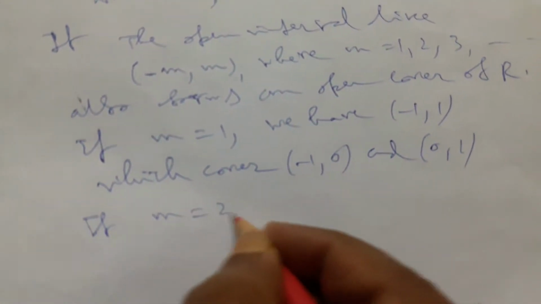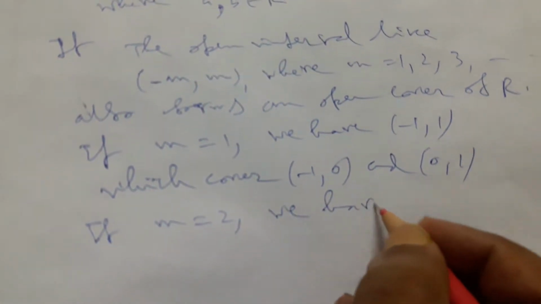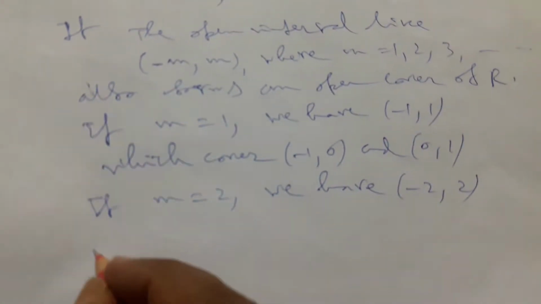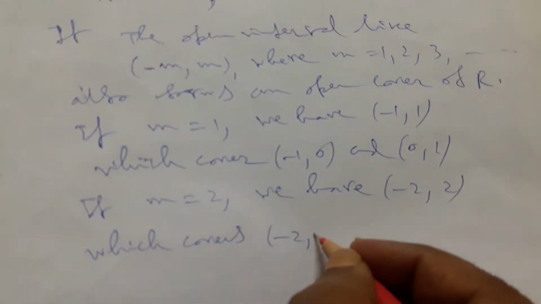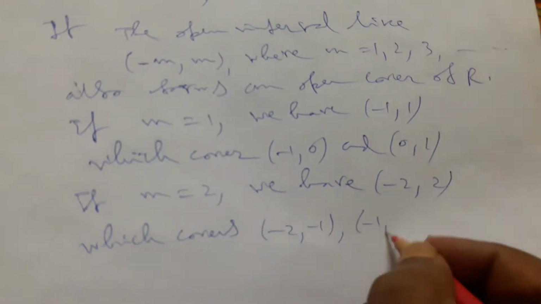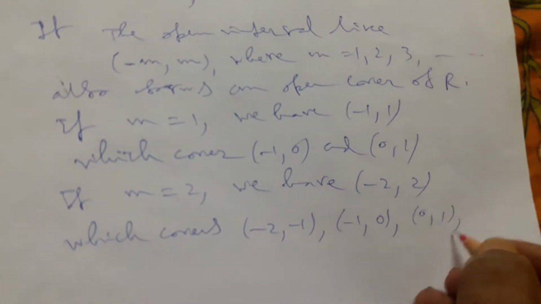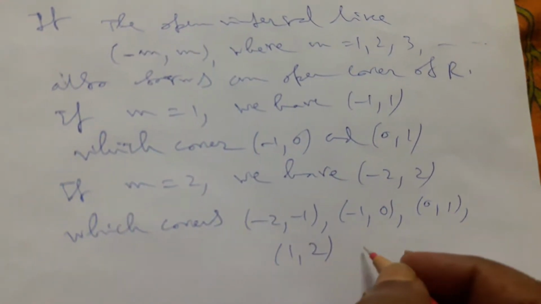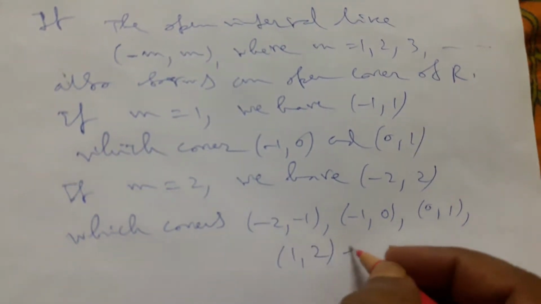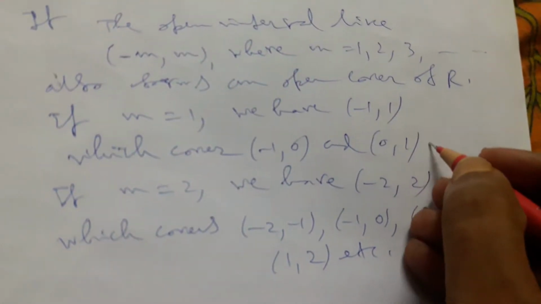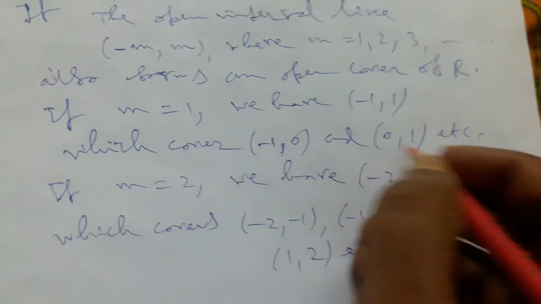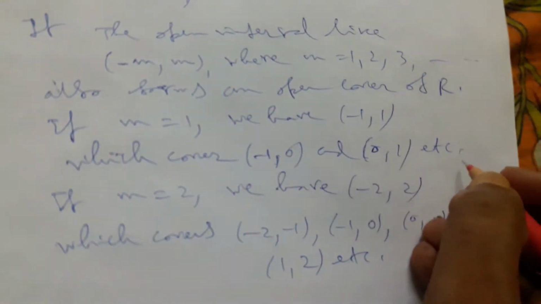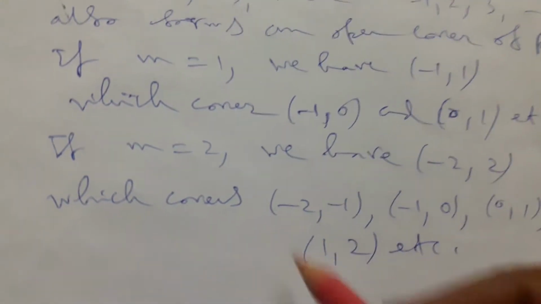If for m equal to 2, we have (-2, 2), which covers (-2, -1), (-1, 0), (0, 1), (1, 2), in this way, etc. But in actual applications, if we take another type of interval like (-1/2, ...), that is a fractional interval, we can't write it, we only write this integer form. That's the covering system, which covers.